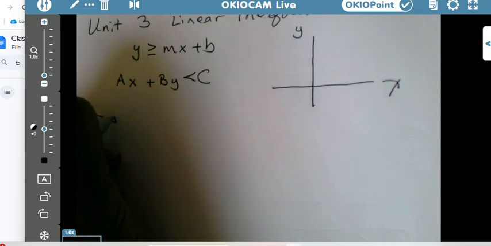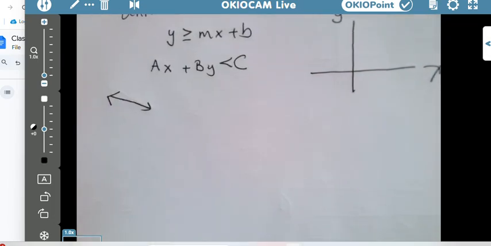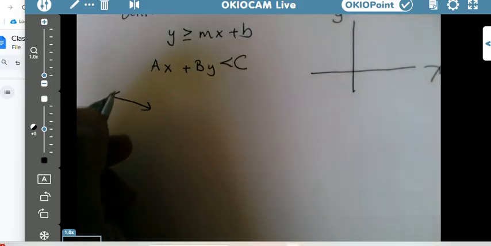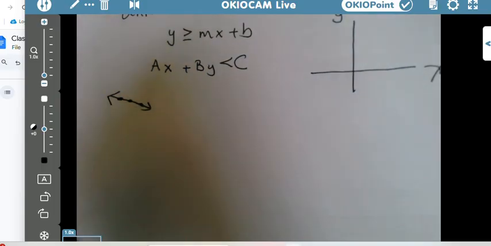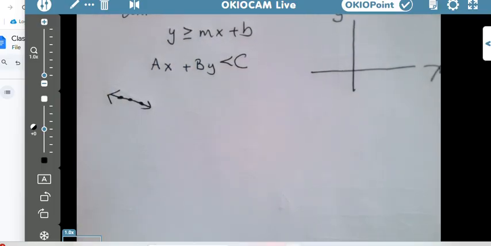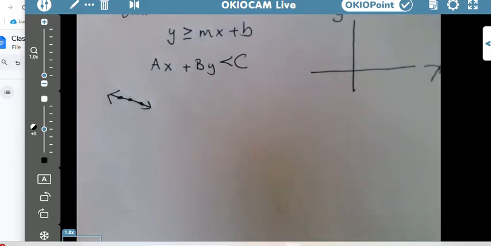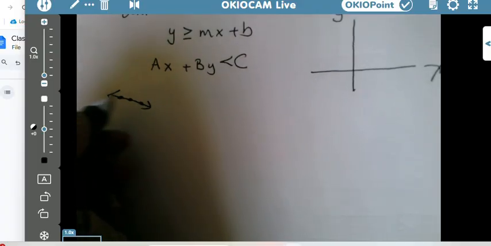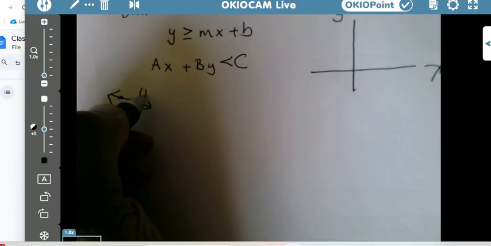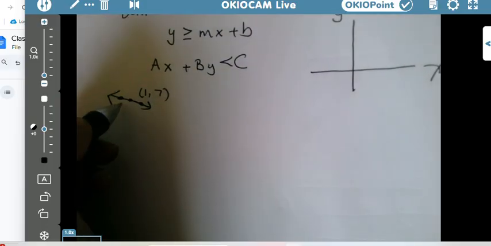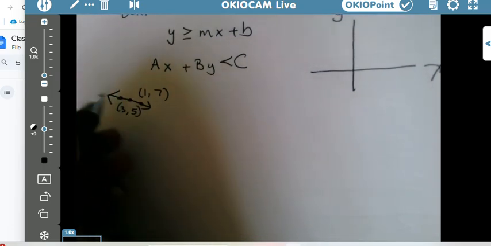Now, about the shading and how the lines look. If you have a solid line, then that means that the inequality has points that are included on this line, and those points will work as solutions. So with the solid line, if this point right here is 1, 7, and let's say that this point is 3, 5, those ordered pairs are solutions.